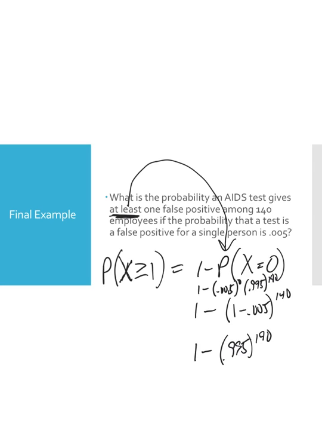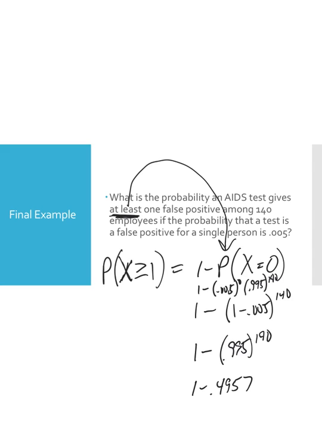So it's a lot of logic in thinking, okay, what does 0 false positives mean? That means that if none of these people have AIDS, there would be that 99.5% chance that it would recognize that, and so that would happen 140 times over. The interesting thing about this is when you take 0.995 to the 140th, this is actually 0.4957.